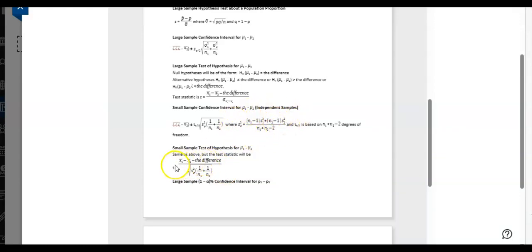You'll notice that part of this is that pooled variance right there. So let's first do this pooled variance calculation. Let me write directly on this. All right, so I'm going to use that formula with our information.